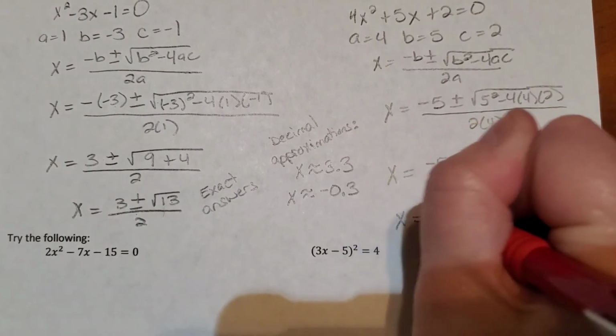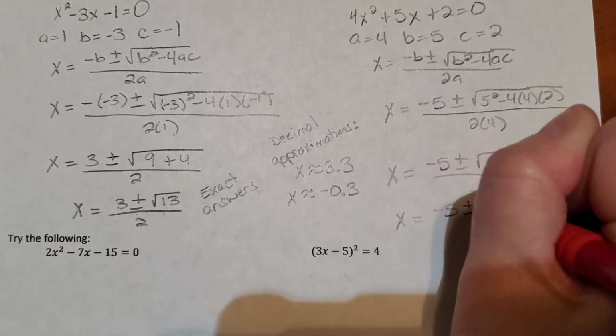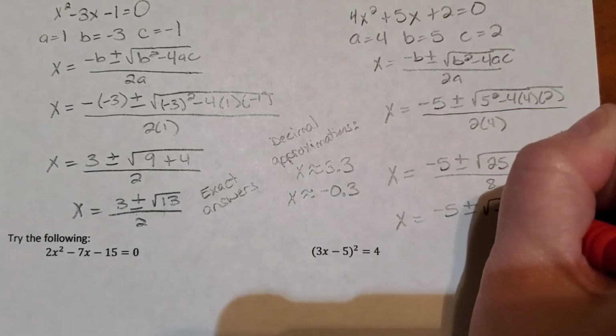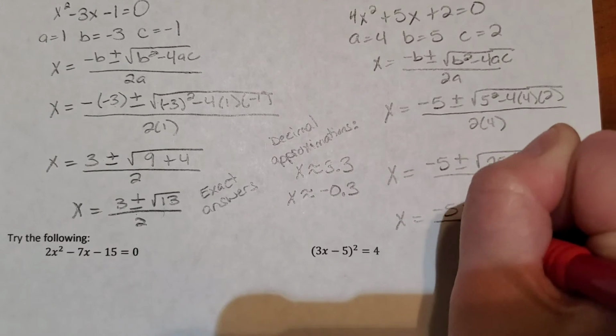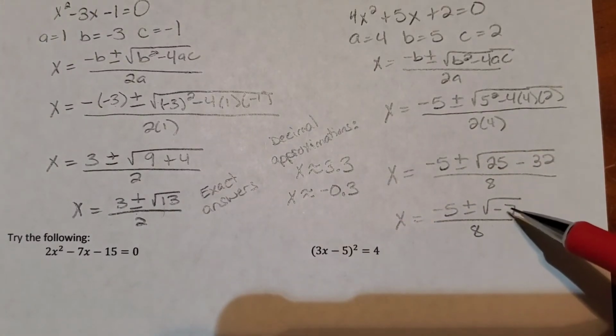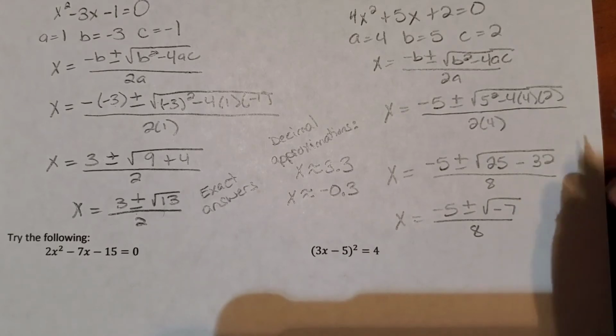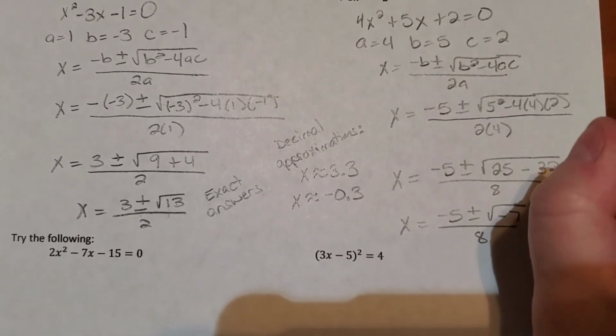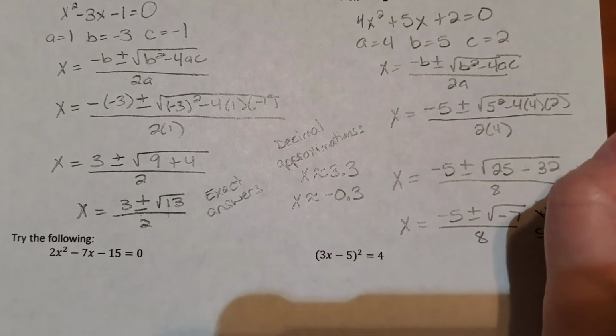And then last step, we get negative 5 plus or minus the square root of negative 7 over 8. Now remember though, we can't take the square root of a negative number. That gives us non-real answers. So that tells us that we have no solutions.